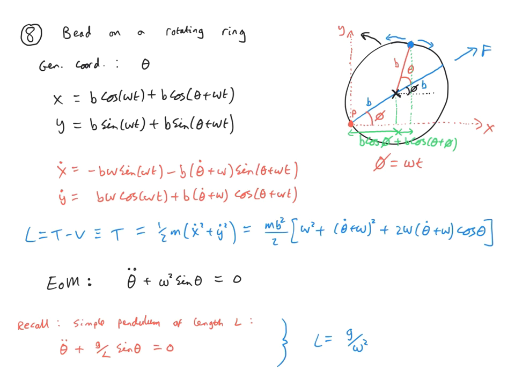Now, if we were to go to the non-moving reference frame, our original x and y coordinates, we'd see something very complicated. As the ring was moving around, the particle would be bobbing backwards and forwards in a very complicated way. But in the co-moving reference frame, we reveal the physics for what it is, which is simple harmonic motion around this axis.